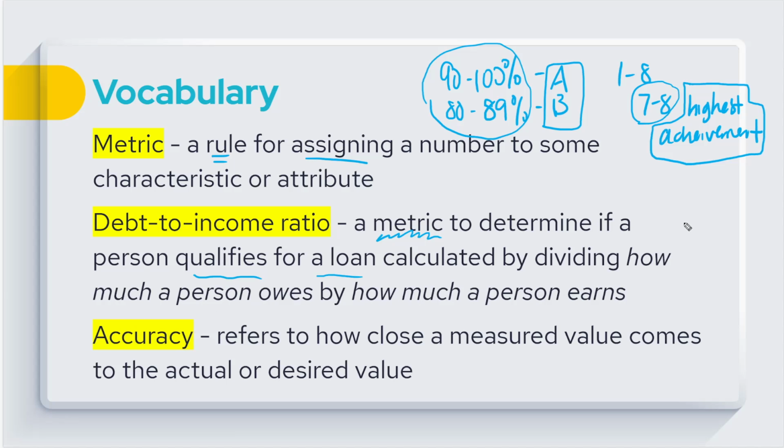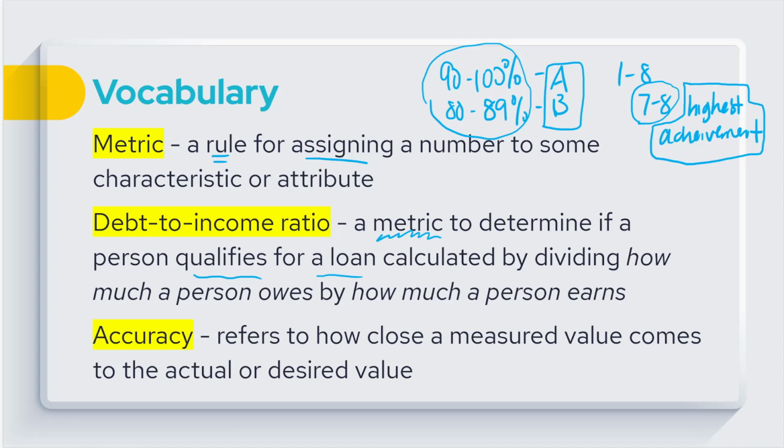So let's say I buy a house and I have to take a loan out to buy this house, and I borrow $1 million. But it's how much you owe per month.